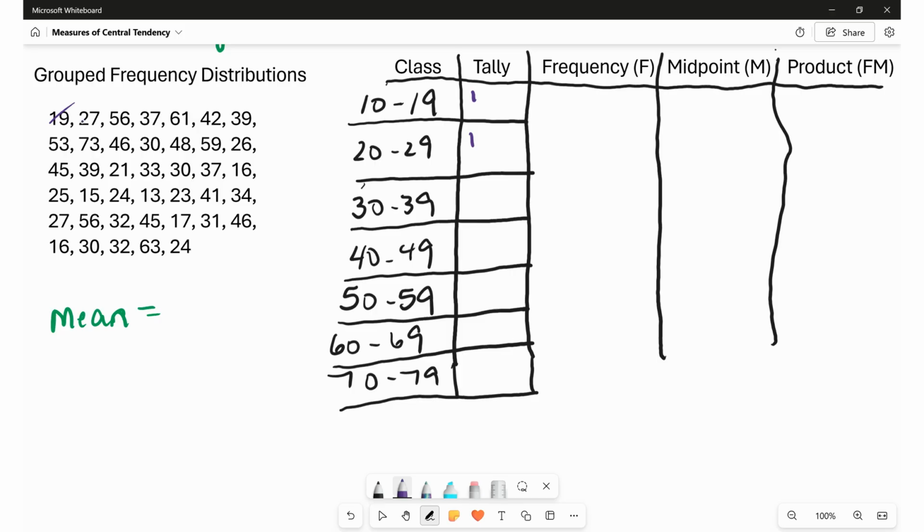That's in this group. So I'm just putting a tally mark in there. 56 goes down here in the group from 50 to 59. 37. Where would 37 fall? 37 would fall here in between 30 and 39. 61. And we are going to do this for every data value. So 42. There's 39 again. 53. 73.